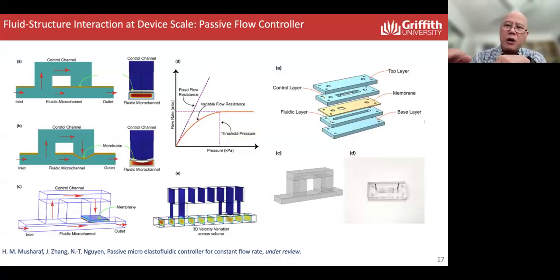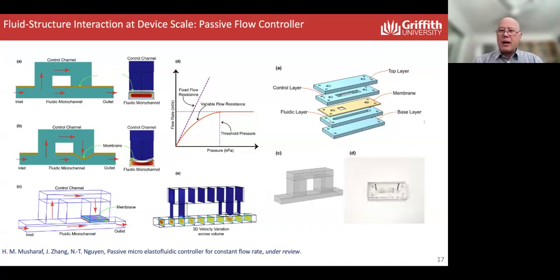But the membrane deforms if you have a high inlet pressure. Normally, the higher the pressure going in, the higher the flow rate, so you cannot restrict the flow rate. But with this structure, the membrane deforms and constricts the channel and limits the flow rate. That means after an initial pressure range, the flow rate will remain constant. And that's called a passive flow controller.